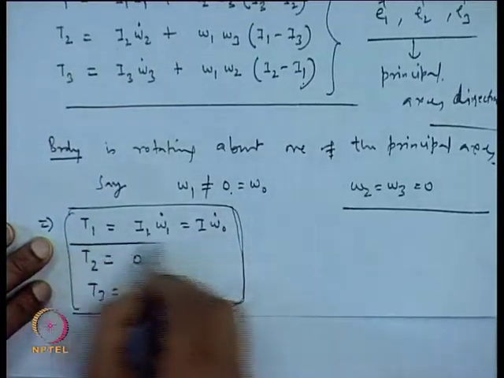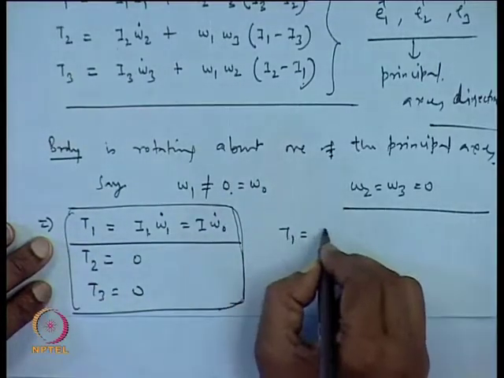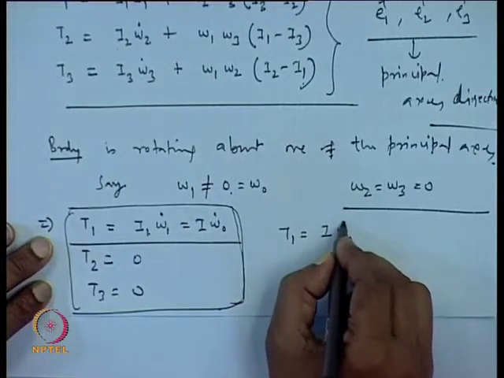So, this is the very simple equation that we have got, T 1 equal to I times omega 0 dot.